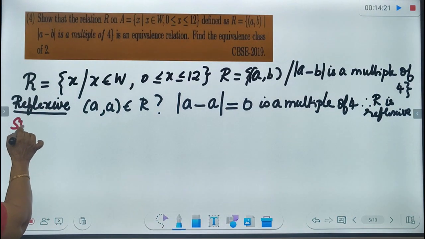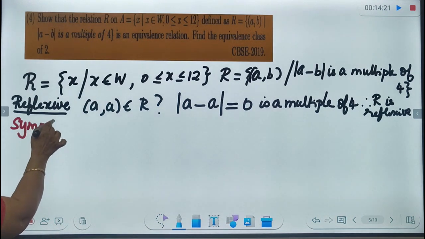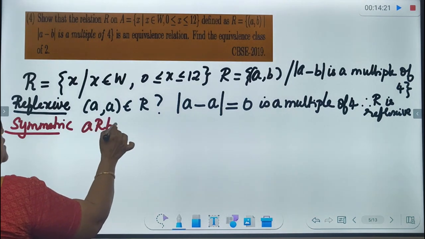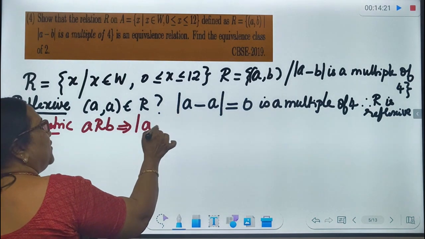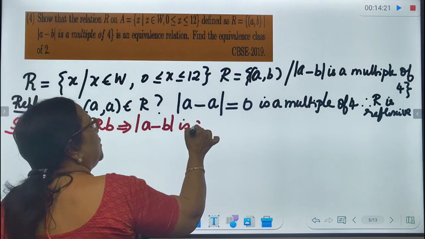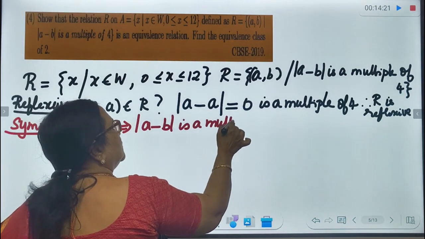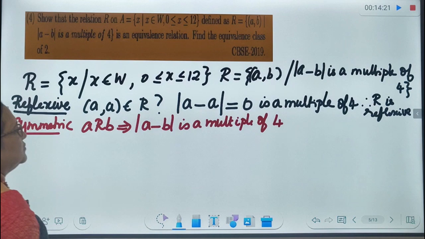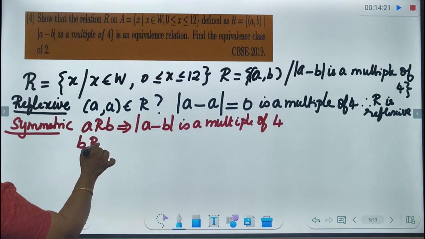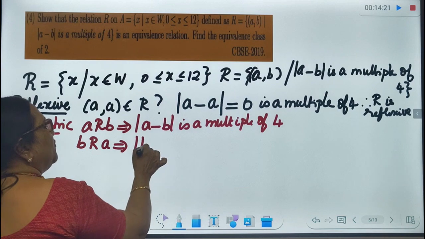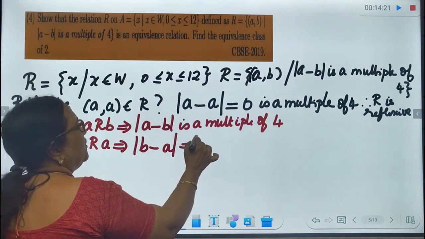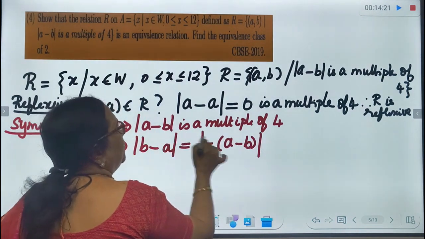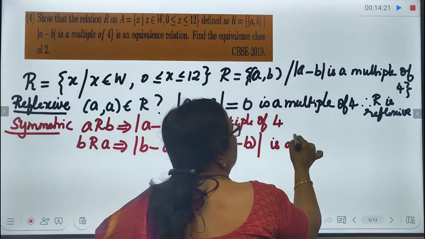Next, let us check whether it is symmetric. A is related to B implies modulus of A minus B is a multiple of 4. B related to A implies modulus of B minus A, which is nothing but modulus of minus of A minus B. So if this is a multiple of 4, this is also a multiple of 4.